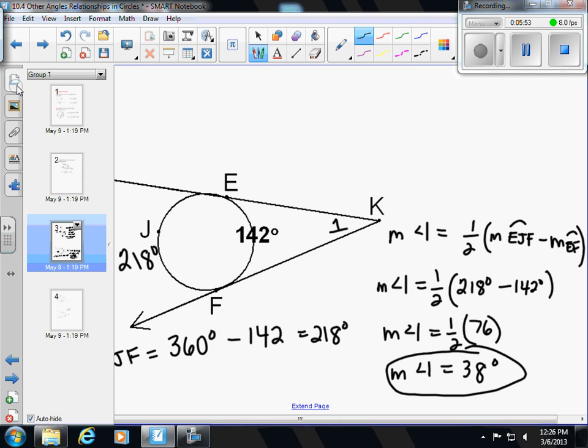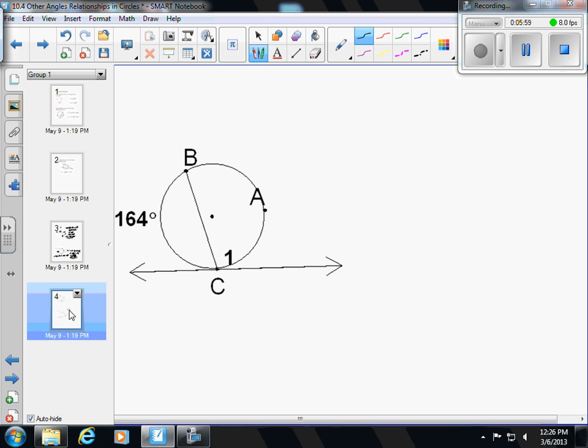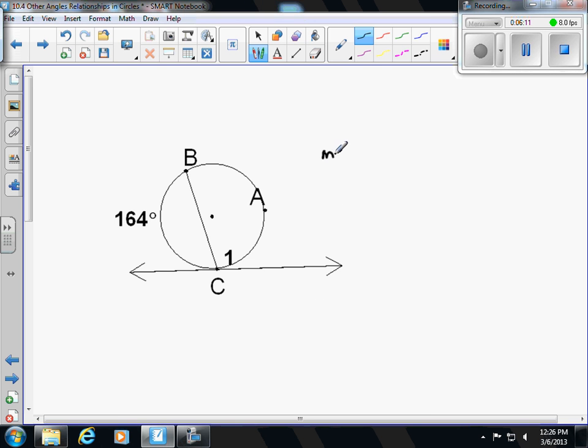Let's move on to another example. So in this figure here, the vertex of the angle is on the circle. So we're going to be using the formula. We would like to find the measure of angle 1 here. Measure of angle 1 is equal to 1/2 times the measure of arc BAC. Well, first of all, we have to find the measure of arc BAC.